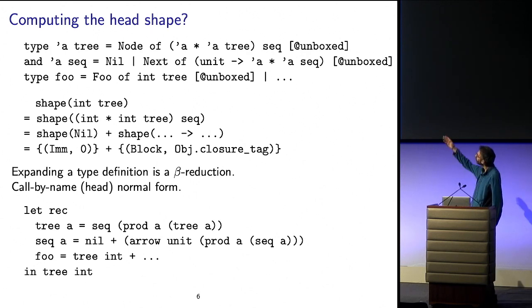Above we have type declarations, and I'm reformulating them at the level of terms, okay? You can see above we use the OCaml syntax where the parameter is on the left of the type, and below we use the standard lambda calculus syntax, tree int. So this is just normalization in a lambda calculus with recursion.